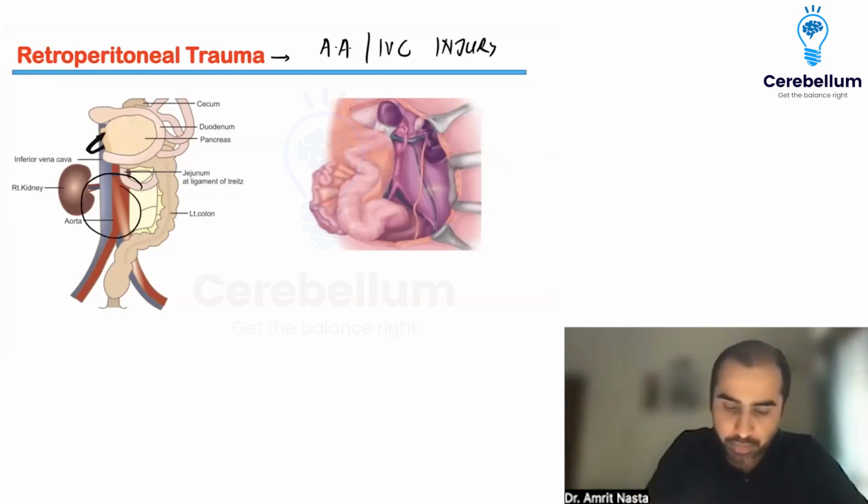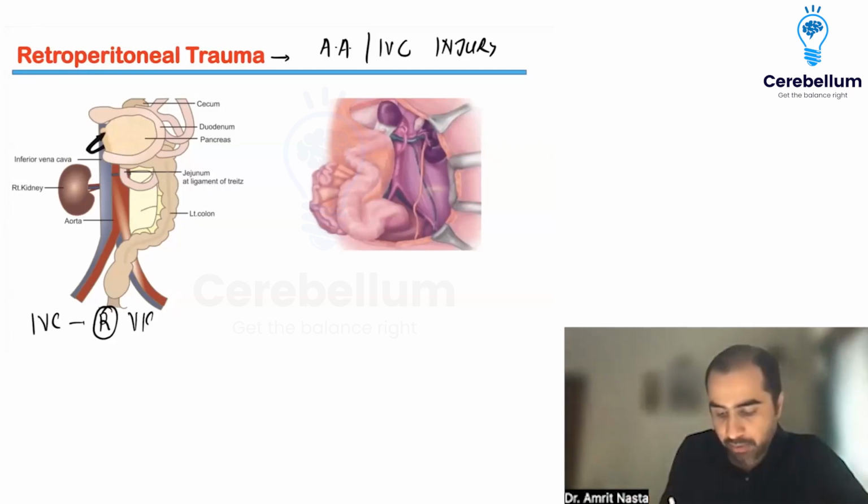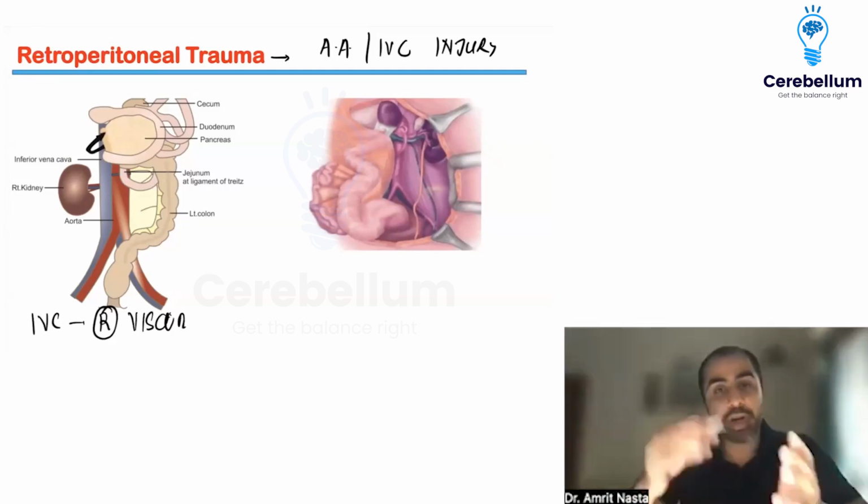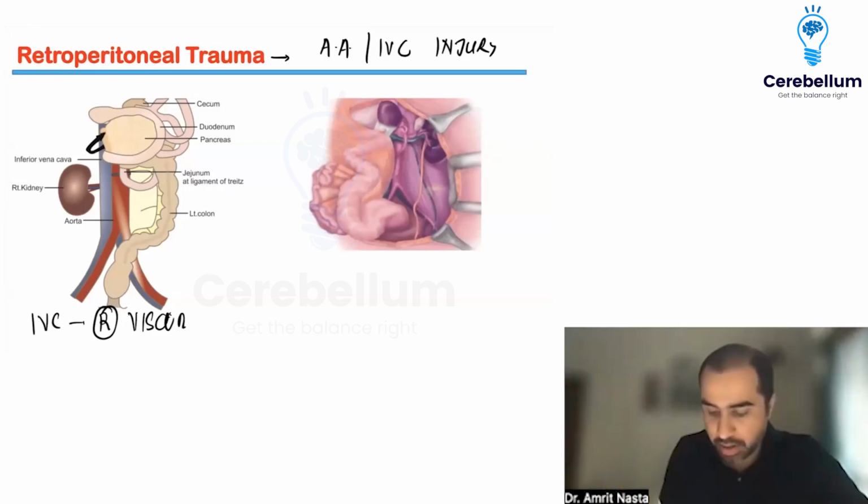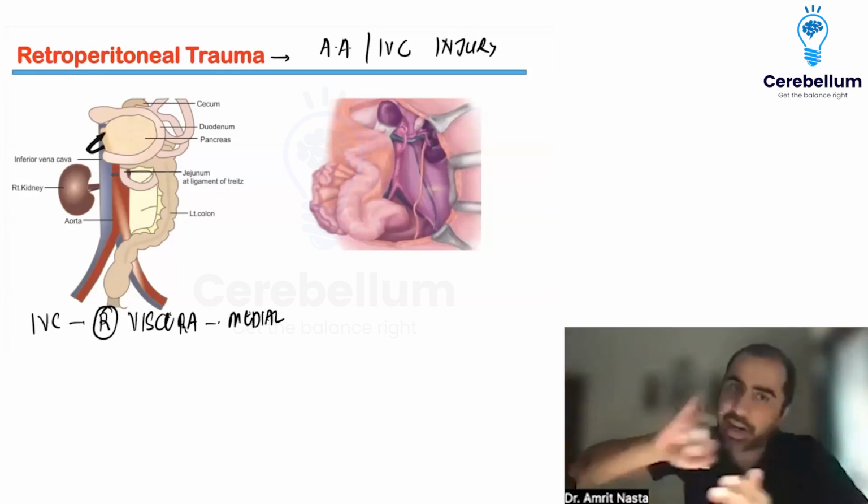के पीछे. So what I do is, if I want to see the IVC, I will use the right viscera. I will push them. So right side में जो भी intestines है, I push them medially. So right-sided viscera are pushed medially. So IVC देखने के लिए मुझे right viscera को medially करना पड़ता है.